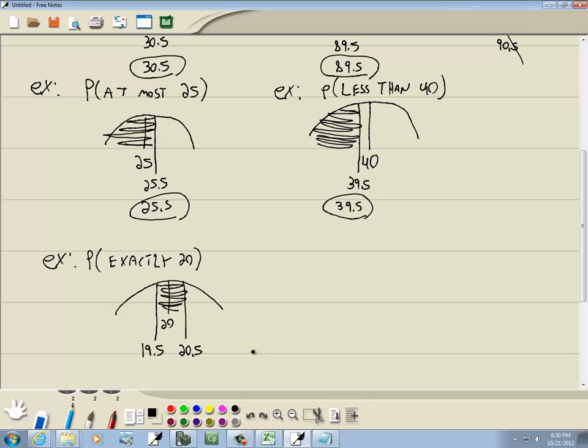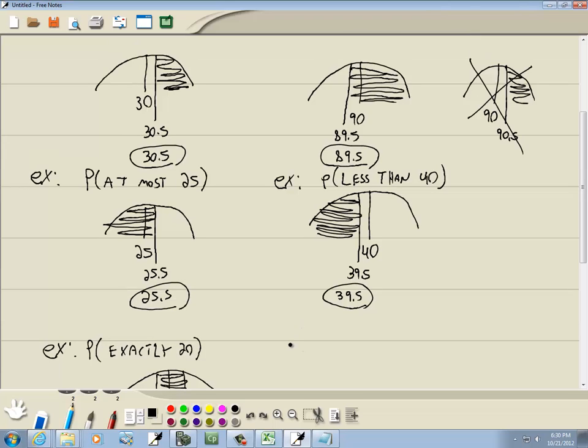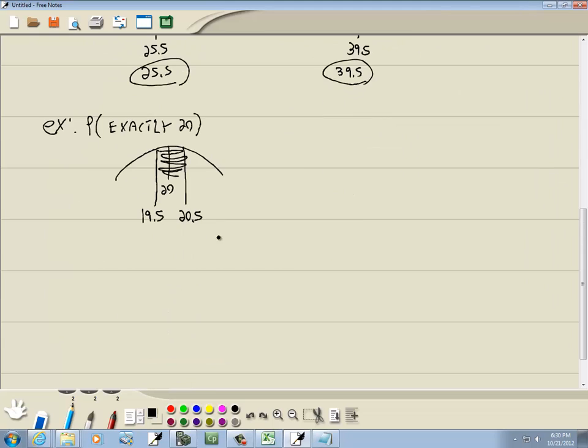Now, when we get done doing our 0.5 correction, you're going to have three cases. One where you're shading to the right, like these two situations. One where you're shading to the left, like these two. And then one where you're shading in between, like this one. Or it could actually say in between them. Like between 10 and 20, and I'll put less than or equal to's there so it includes them.